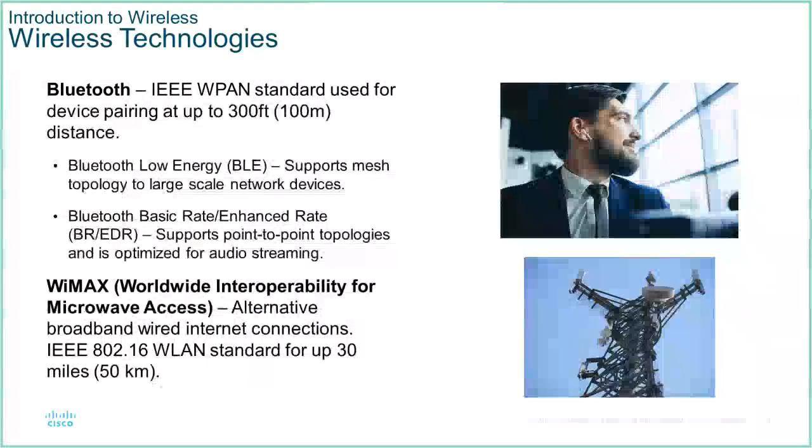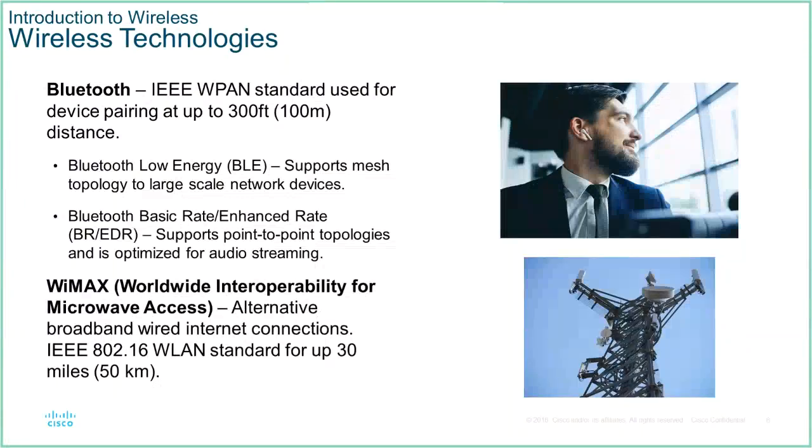So basically what this allows us to do is to provide good point-to-point audio streaming. Now this is where most people use it, with their headsets for the mobile phones, and even headsets for desktop phones will be used quite a lot.